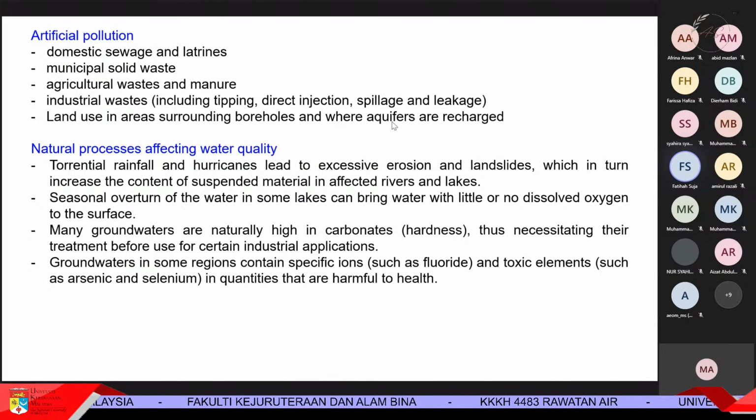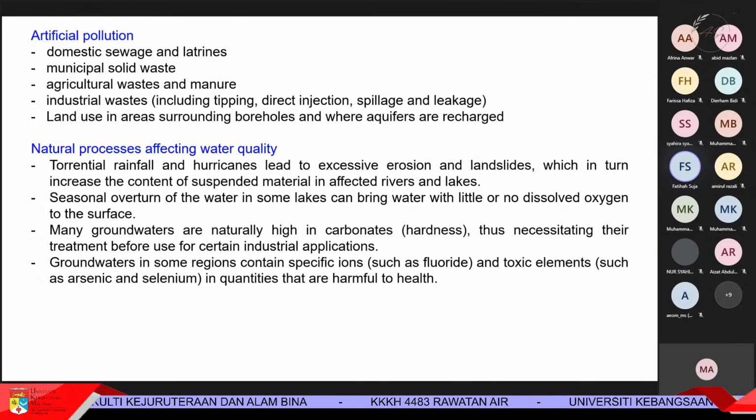So the contamination of groundwater can sometimes be a very complex process, because when you have contaminants like agricultural chemicals, spread over large sections of the aquifer, the recharge area, they may take decades to appear in groundwater, and perhaps longer to disappear even after you have stopped the agricultural activity.